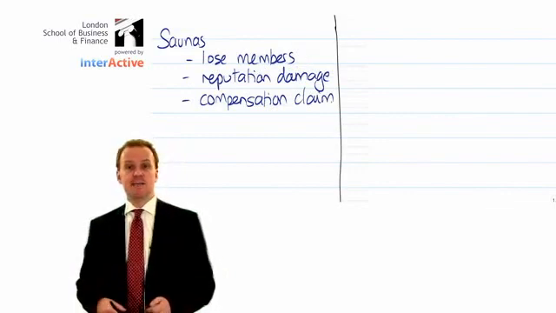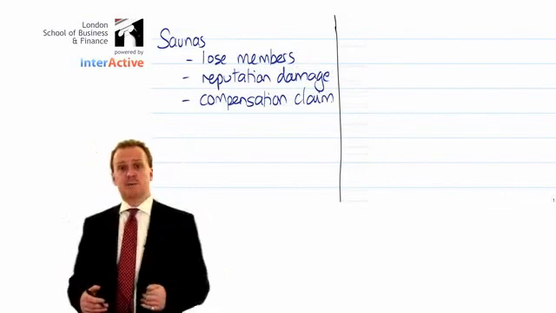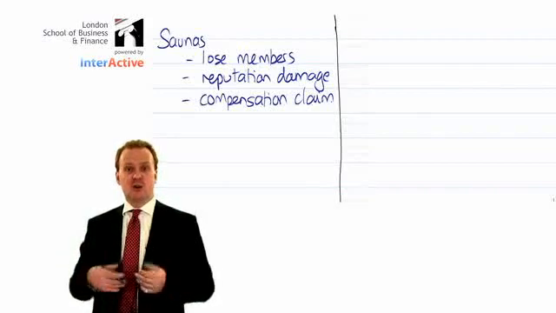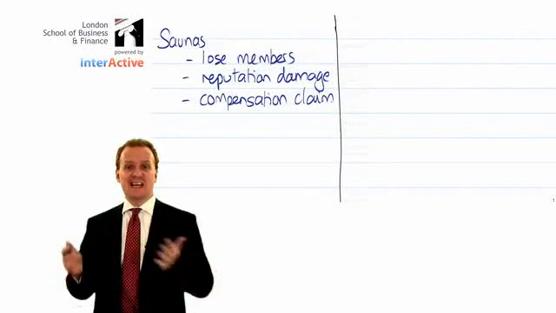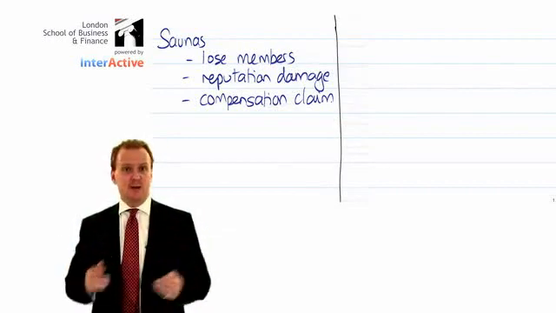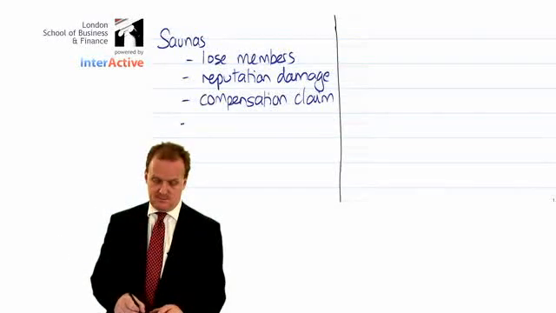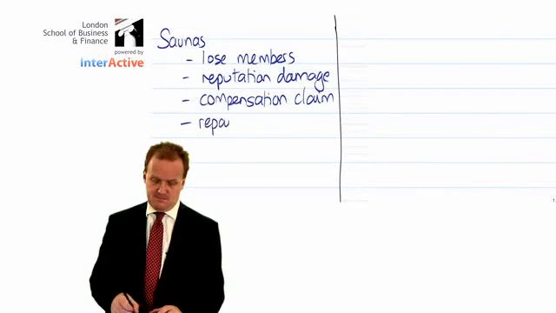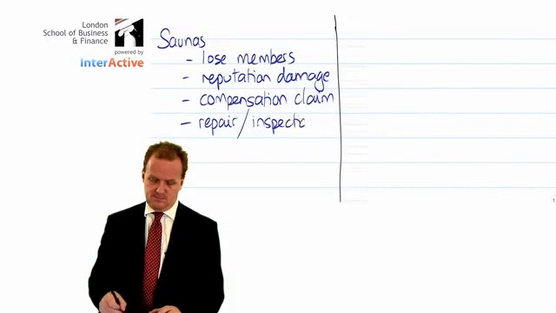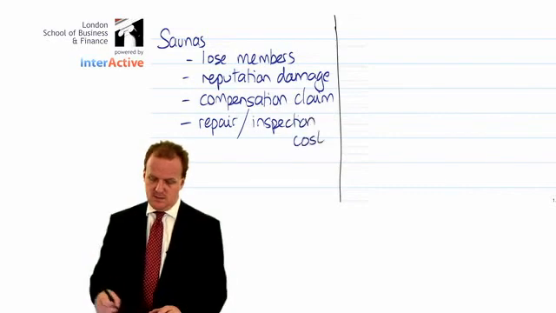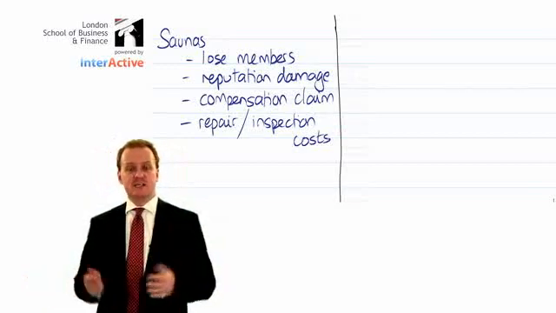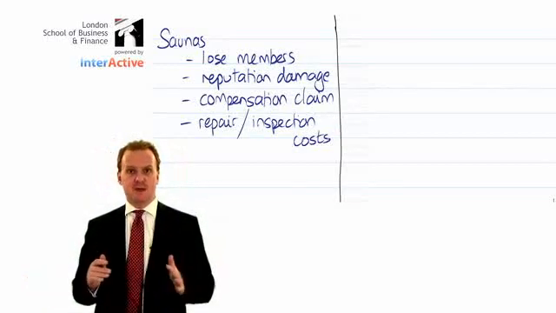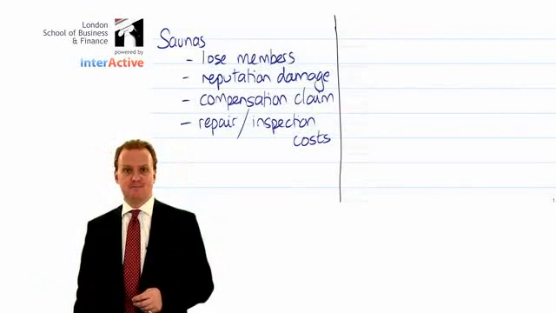There's a compensation claim, I would imagine, and also, I suppose, the costs of actually trying to fix the sauna, and since they're all of a standard design, checking out the other 15 saunas to make sure they're okay. Now, all of that lost revenue, damaged reputation, and increased cost is, of course, a problem for the company, and therefore a clear business risk.